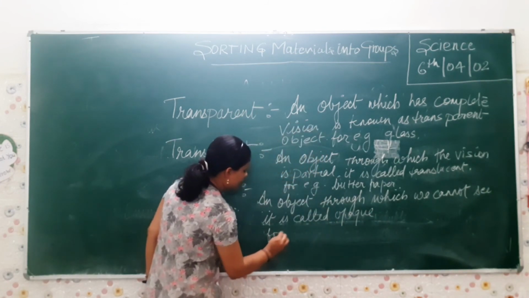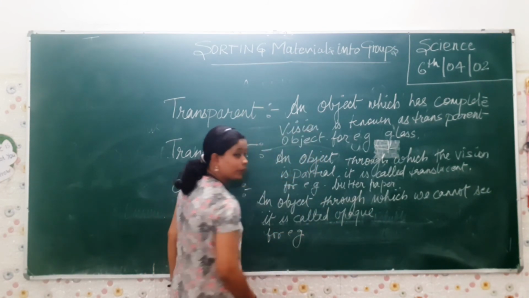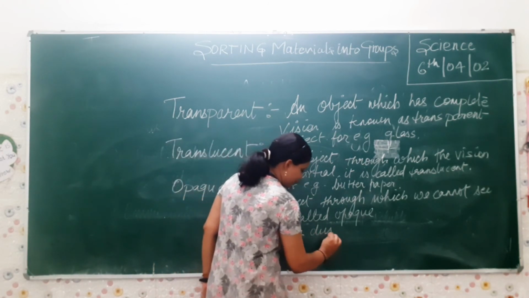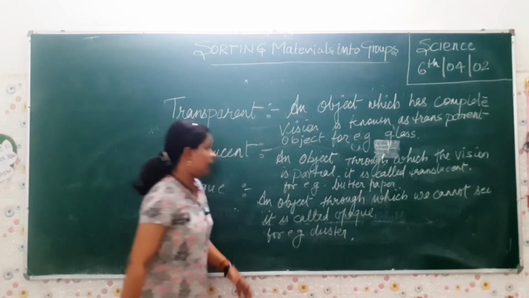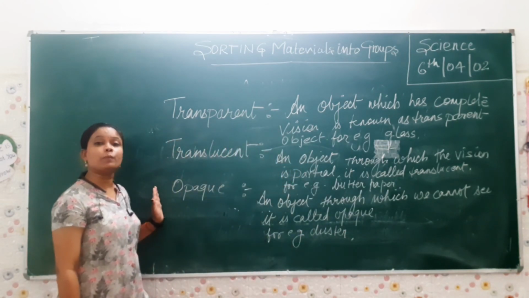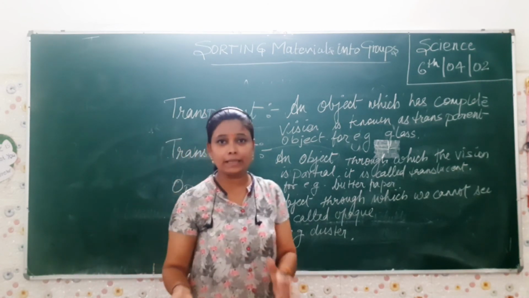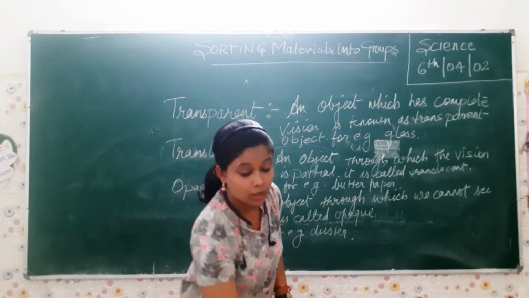For example, we can take a live example of a duster. I think all these three topics are quite clear to you, is it? I think you are sure that you would have understood.